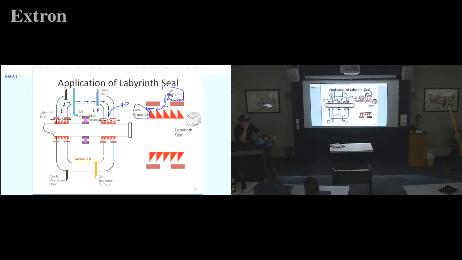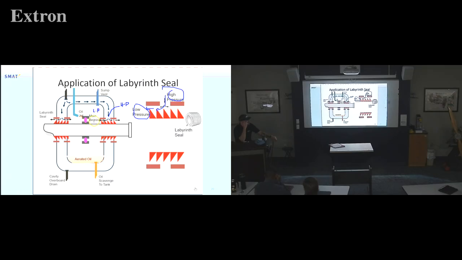And because of that, the oil that comes in from the pressure pump is sprayed onto the bearing at high pressure. And when the oil hits the hot bearing, we will get an oil mist. And that oil mist will say, well, look, there's a high pressure out here, and we're in a low pressure area, and gases want to go from high pressure to low pressure, not from low pressure to high pressure.